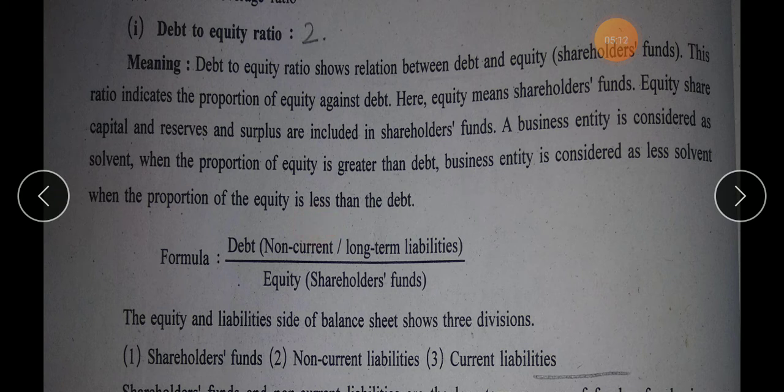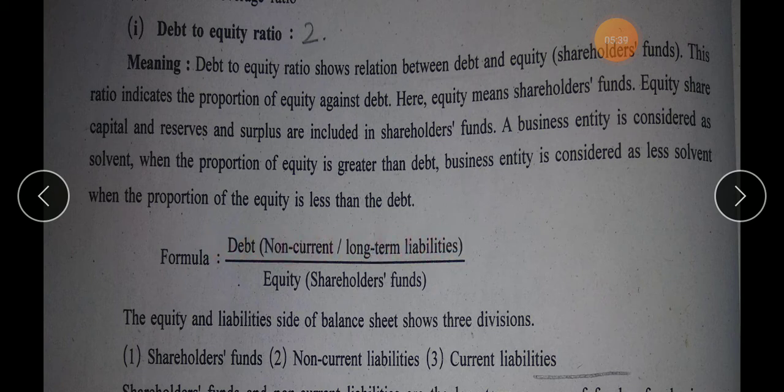Obviously, if the capital is higher, it is solvent, and if the proportion of capital is less in proportion to debt, then the business entity is less solvent. You cannot say insolvent.